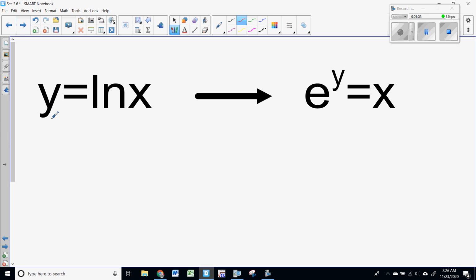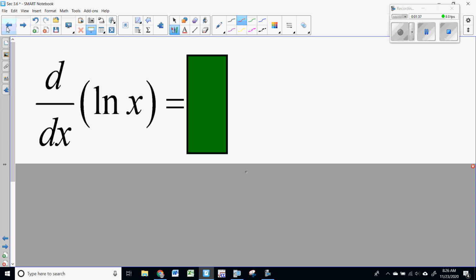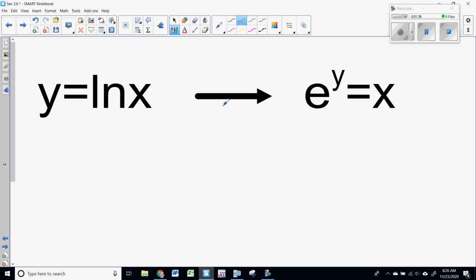So what we're going to do is we want to find the derivative of natural log. So to do that, we're going to rewrite this in exponential form. That's e to the y equals x. And now with implicit differentiation, I am going to take the derivative of both sides. So the derivative of e to the y is e to the y times dy dx.